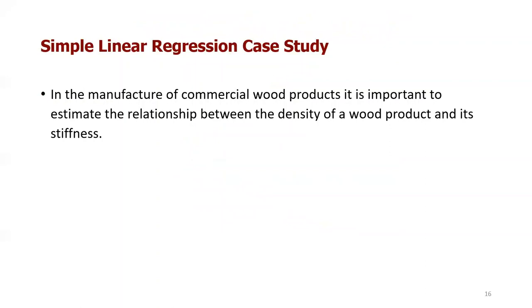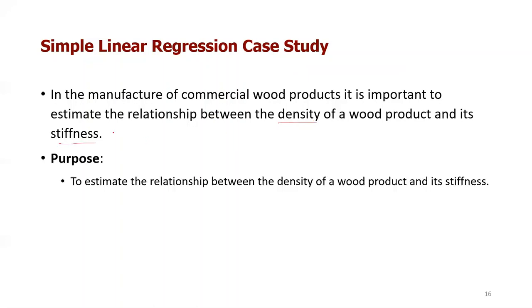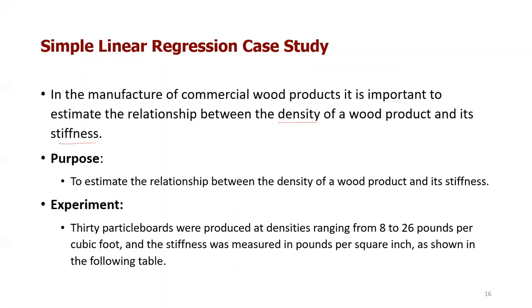So let's make a case study. In the manufacture of commercial wood products, it's important to estimate the relationship between the density of a wood product and its stiffness. So our aim is to estimate this relationship.